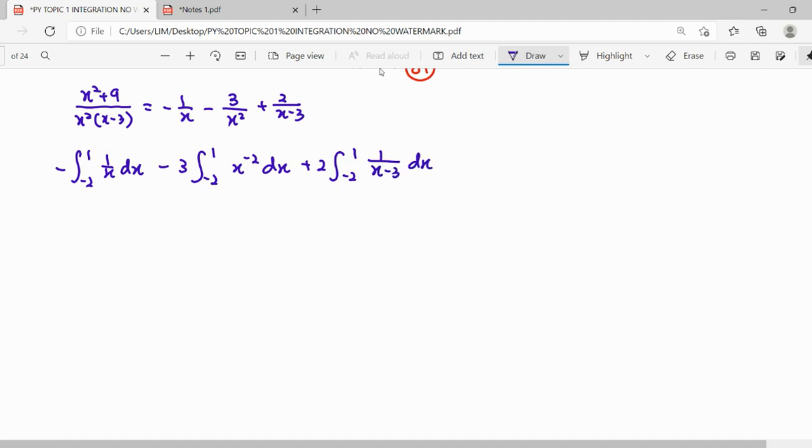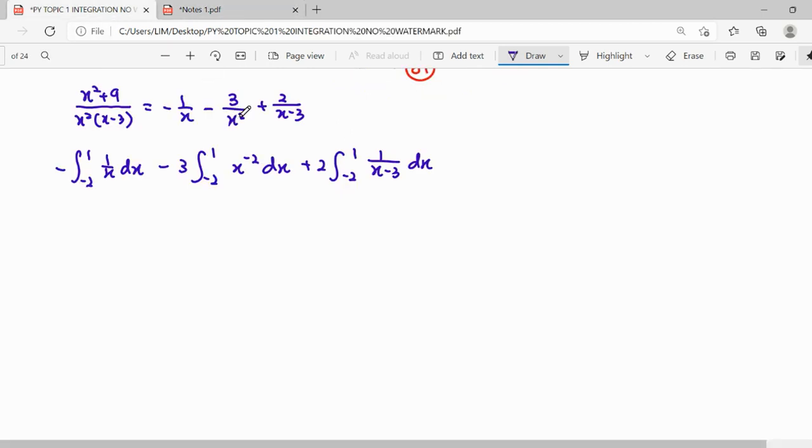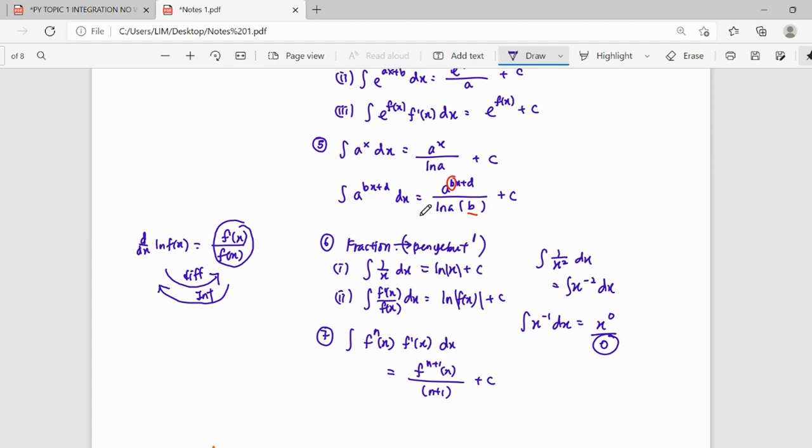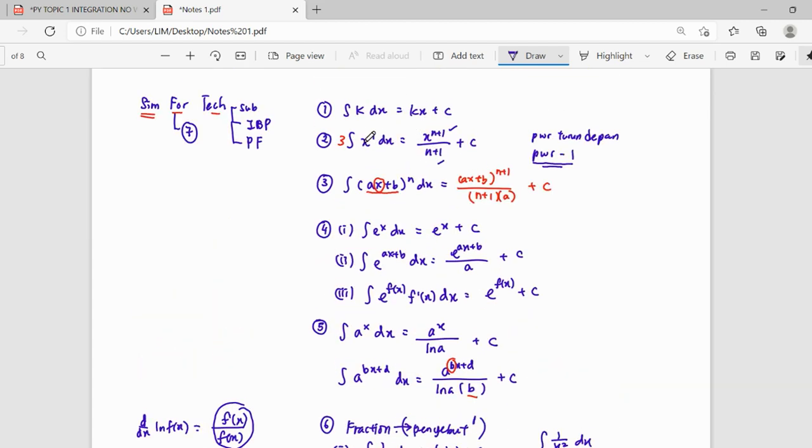So when we have a fraction, we can see if our denominator is power of 1, we will maintain it in the form of a fraction so that we can use the formula of fraction to integrate it. But when our denominator is power of 2, we will try to solve by using another formula, maybe using this, or maybe in the bracket.